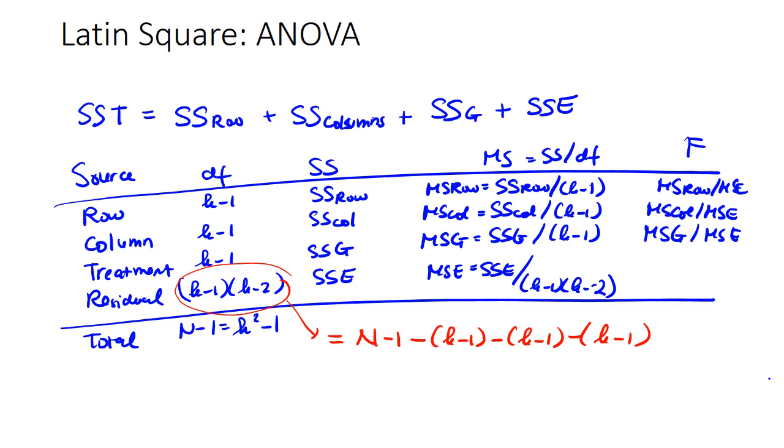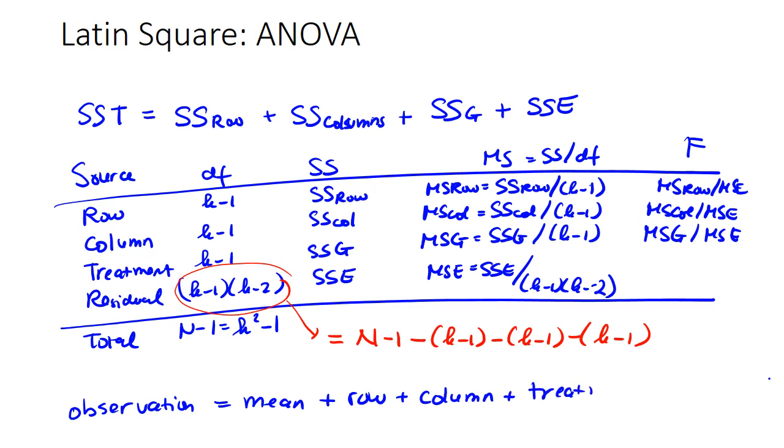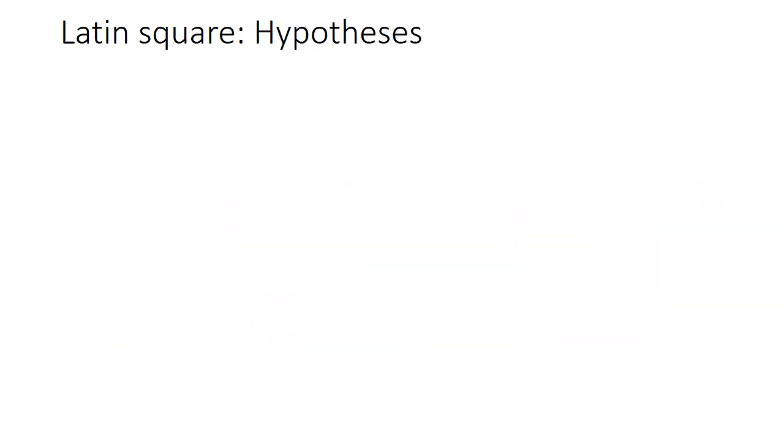the linear model, for a Latin square design, in addition to treatments, we can also do hypothesis testing for rows and columns. The hypotheses for treatments are the same as the one for RCBD.